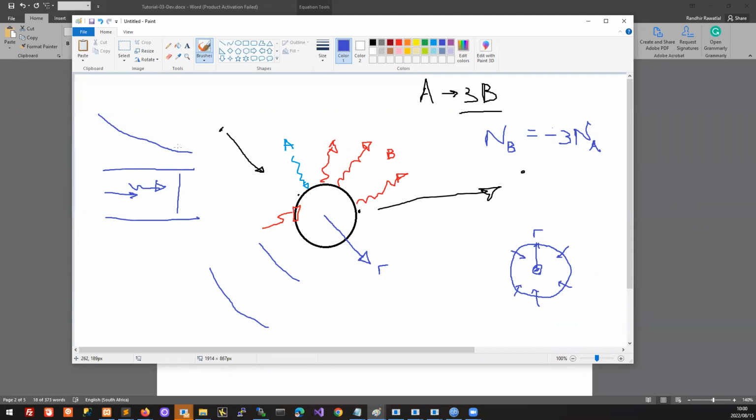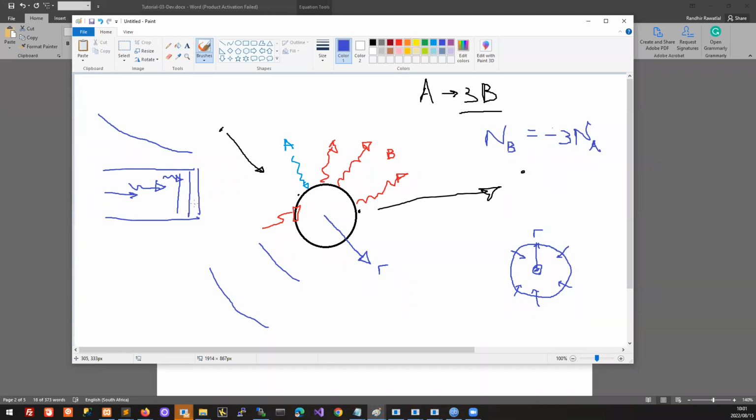And if it's steady, then it means that your number of moles is not changing. So your concentration is not changing in time. And the only way for concentration not to change in time is if we have the same molar flux at each point, or the same rate of change of moles at each position.